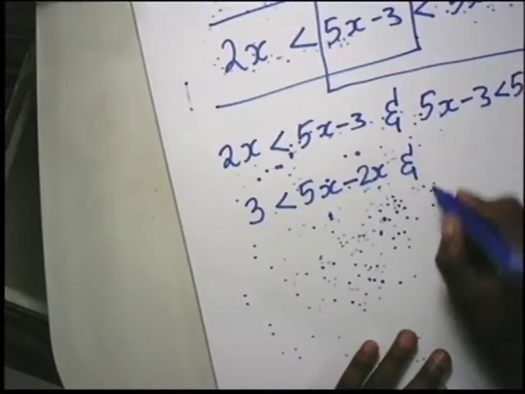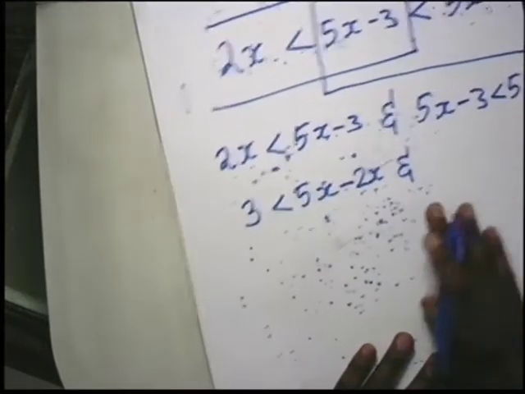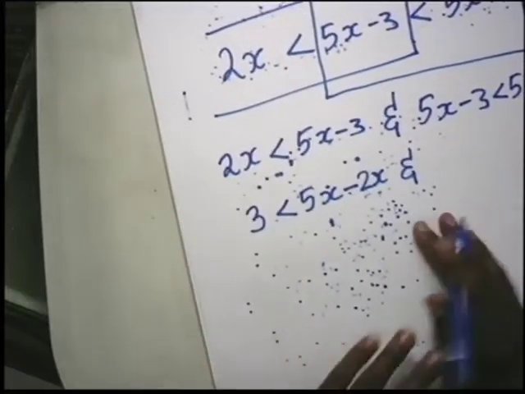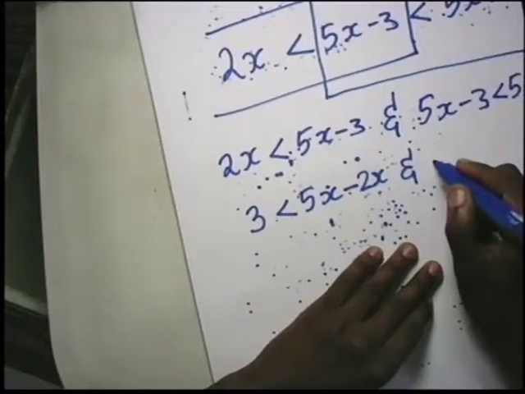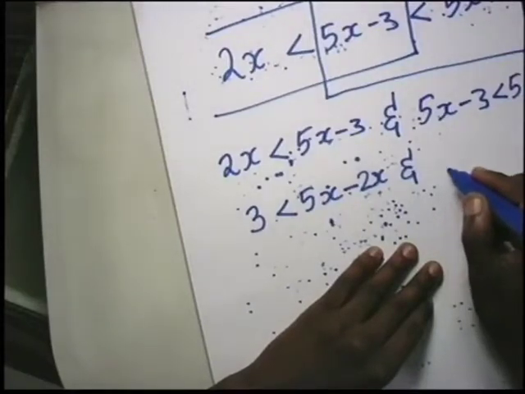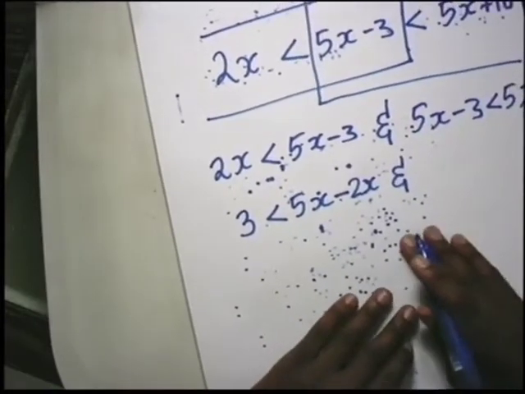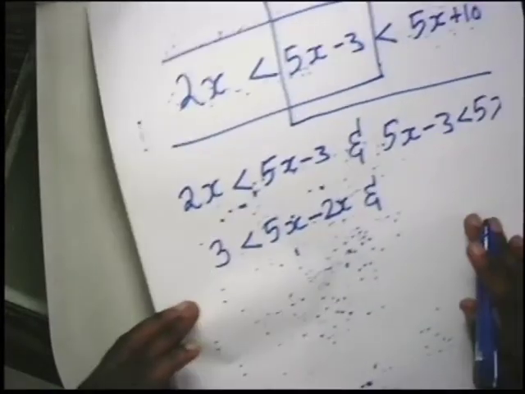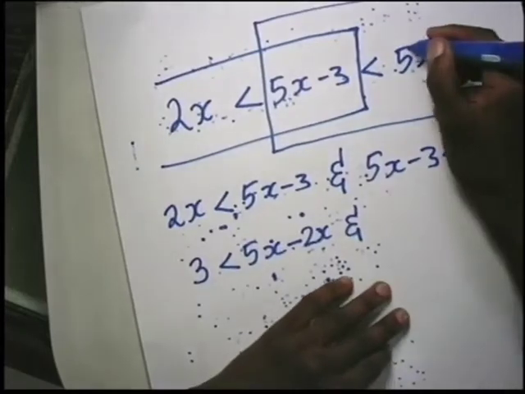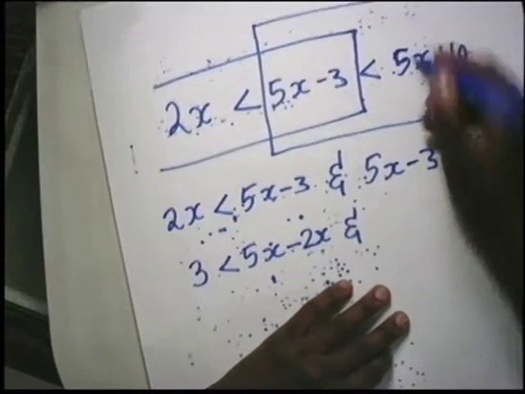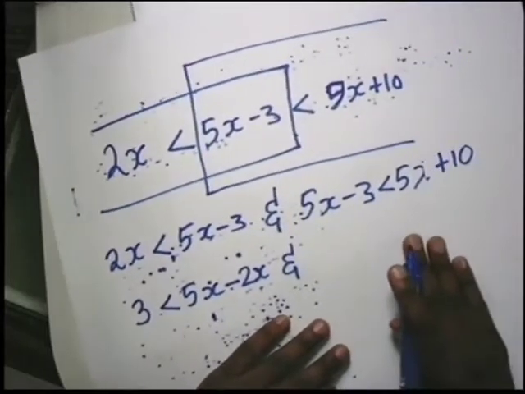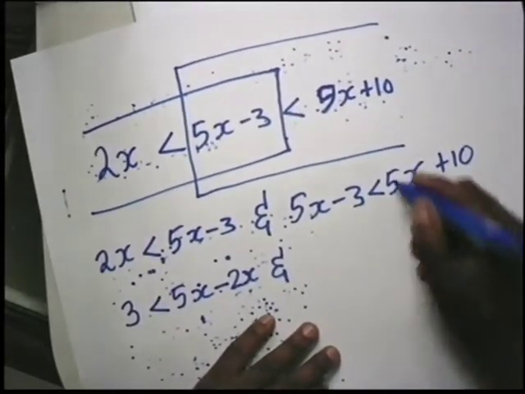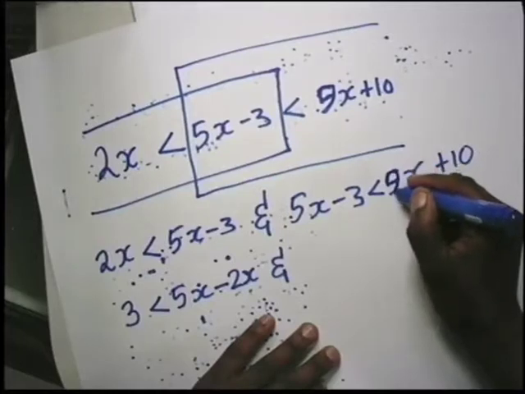The other one will be 5x. Alright, I think there's a mistake somewhere. Let us take this one to be a 9. So we have a 9 there.